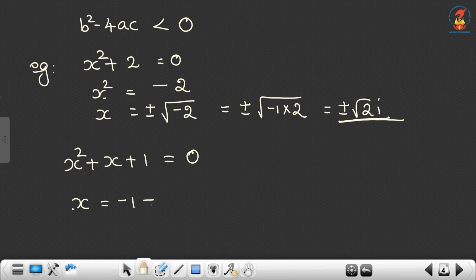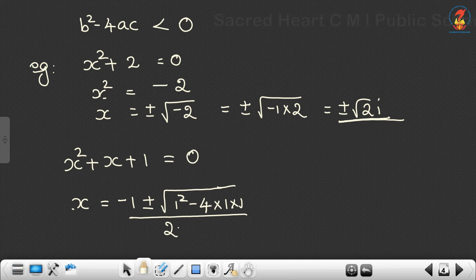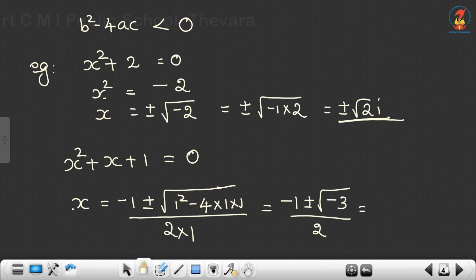So, minus b plus or minus root of b square, that is 1 square minus 4 into a into c, 4ac, by 2 into 1. So, that is equal to minus 1 plus or minus root of 1 minus 4. So, that is minus 3 by 2.